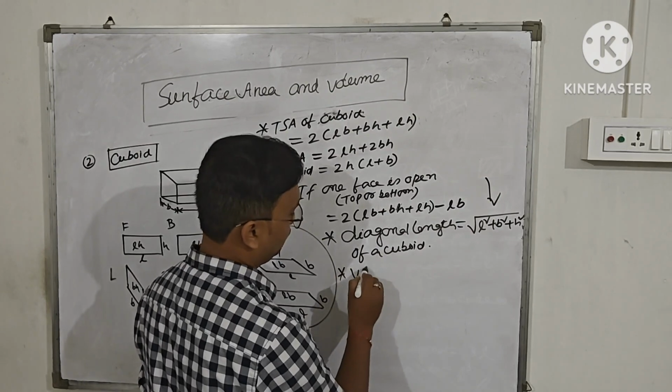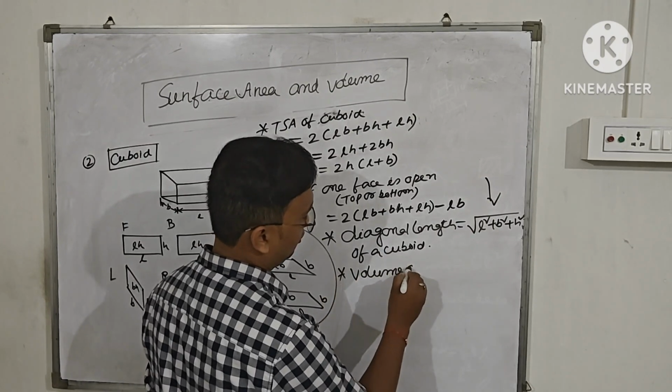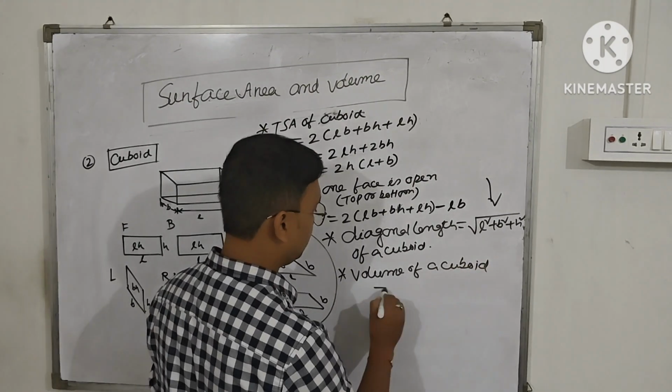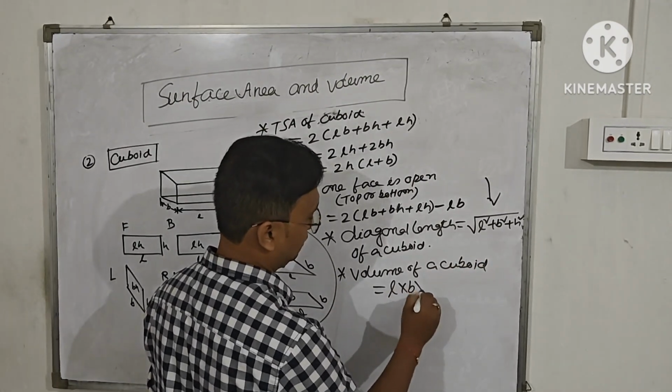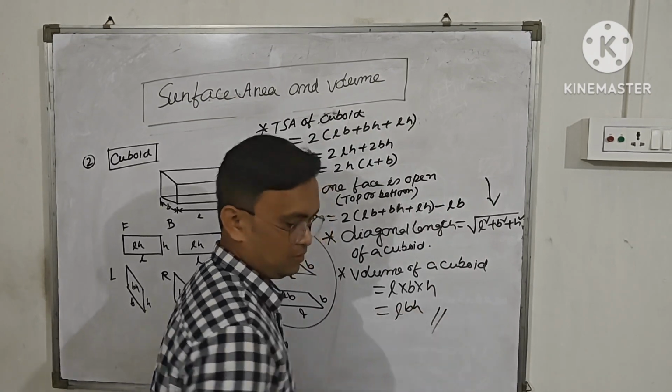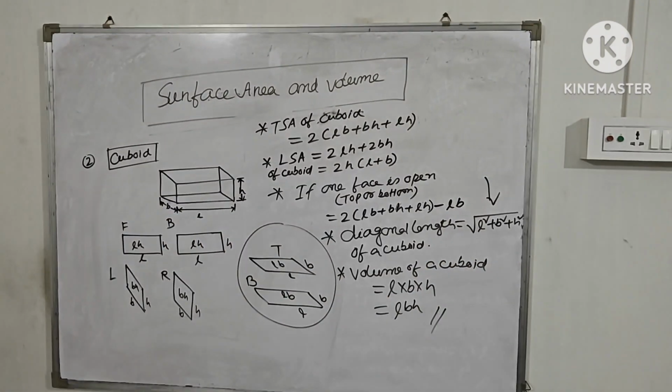Finally, the volume of a cuboid is L into B into H, or simply LBH. So this much for a cuboid, you may note it down.